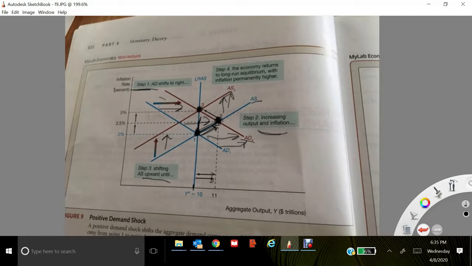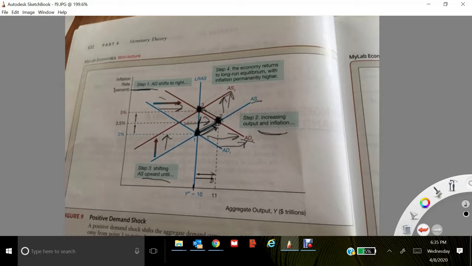You have an increase in demand, but because in the long run you can't produce more than your potential output, the intermediate increase in output backs off and is reduced to long-run potential output.